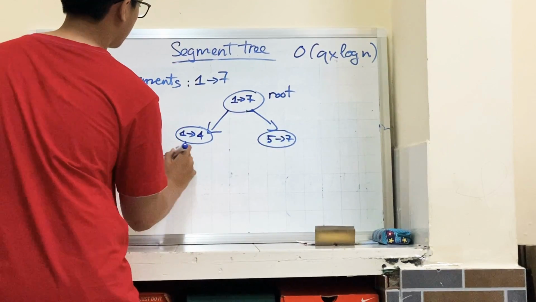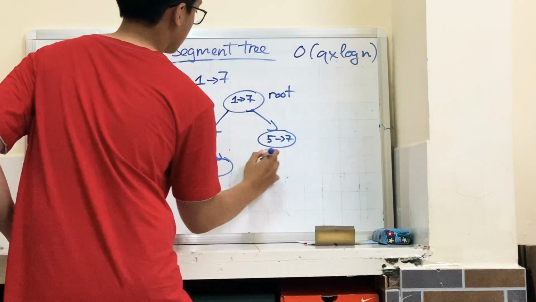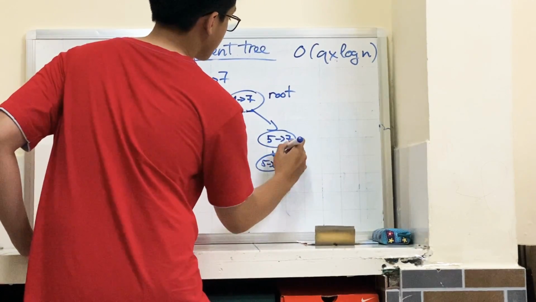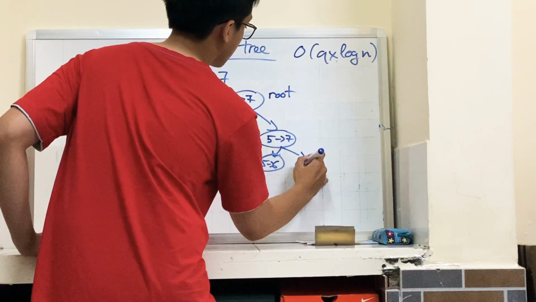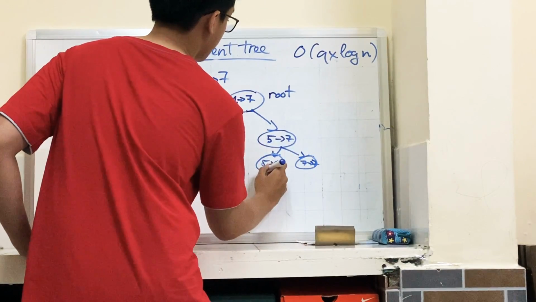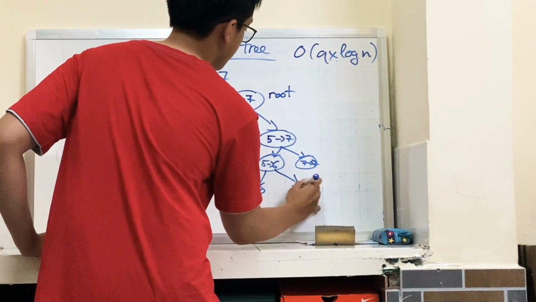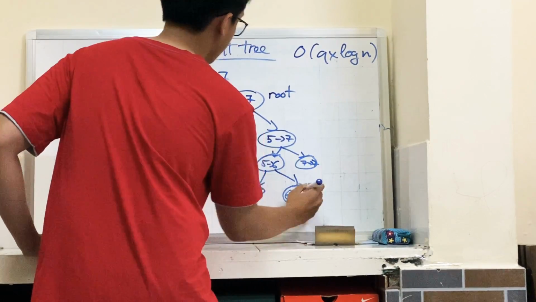This will be 5 to 6 and 7 to 7, and this will be 5 to 5, and this will be 6 to 6.